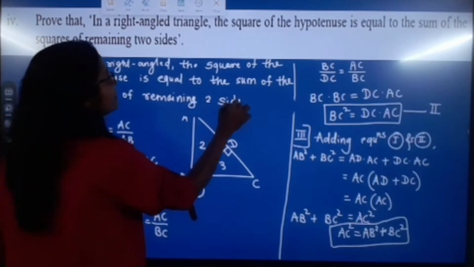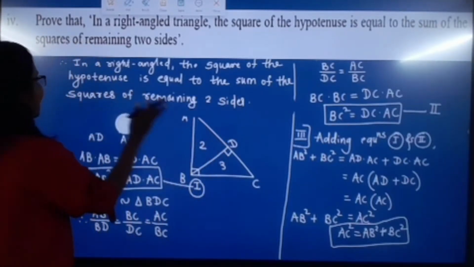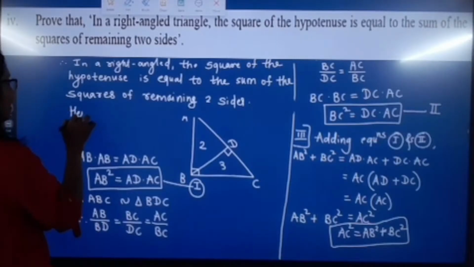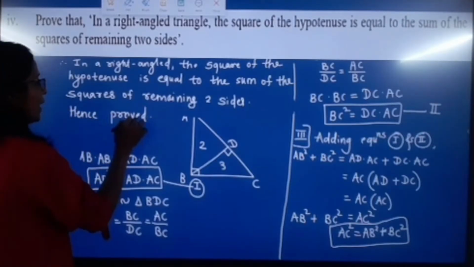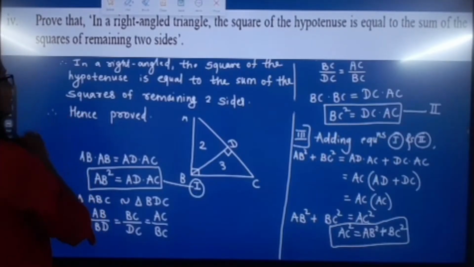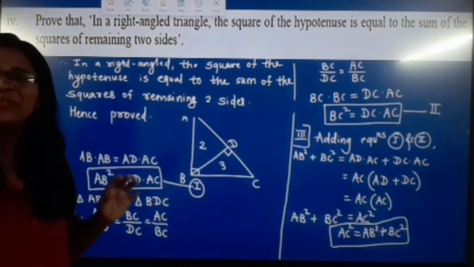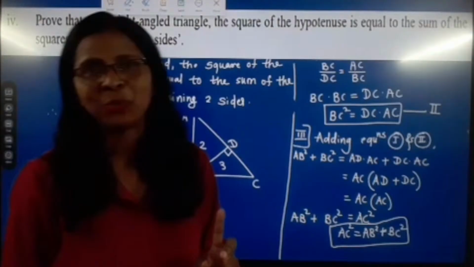Remaining two sides. And then we write down hence proved. Hence proved. Okay. So this is our last part. Then you can get full marks, students.